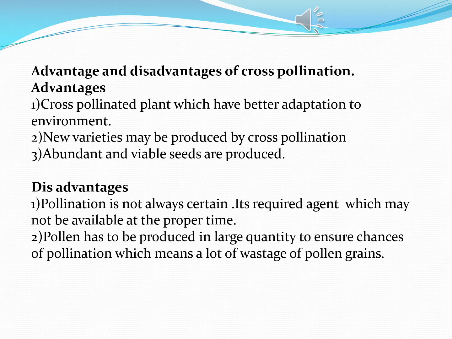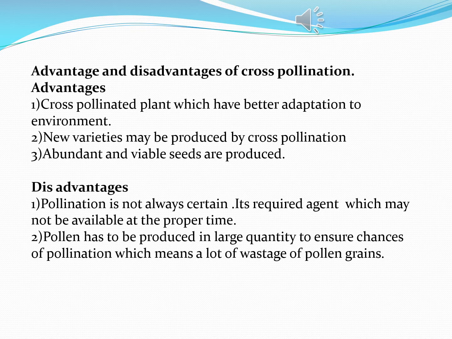Next, disadvantages. Pollination is not always certain, meaning it may not be accurate or definite, and it requires some agent. Without the agent, the pollen grains cannot be transferred from one flower to other flowers, and it may not happen at the proper time.